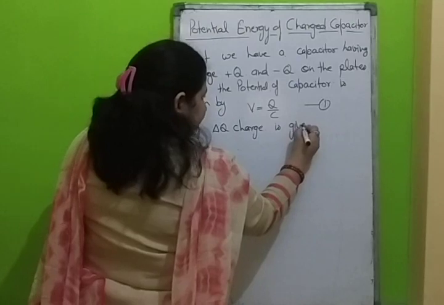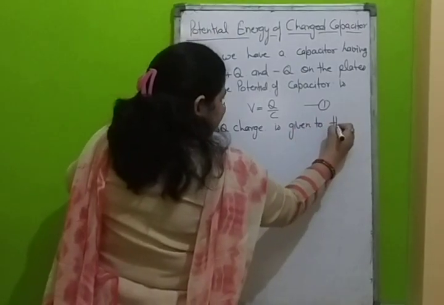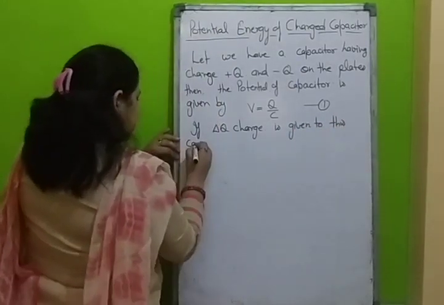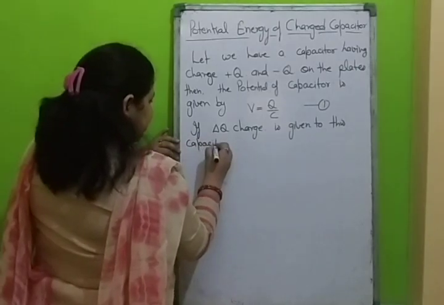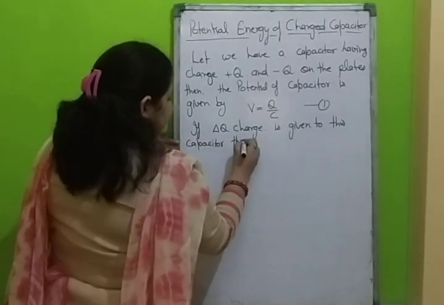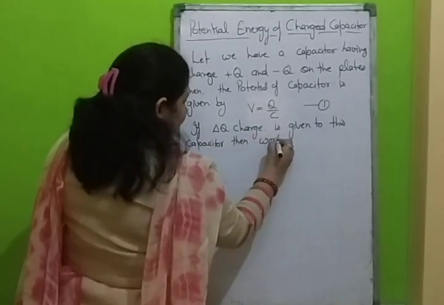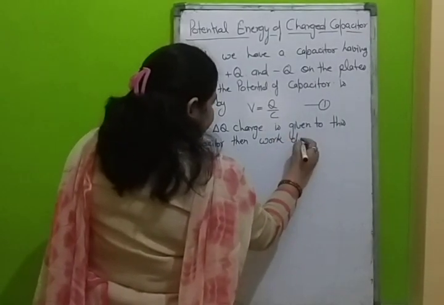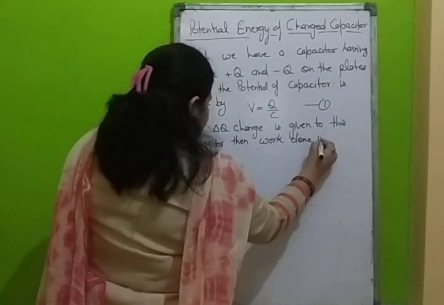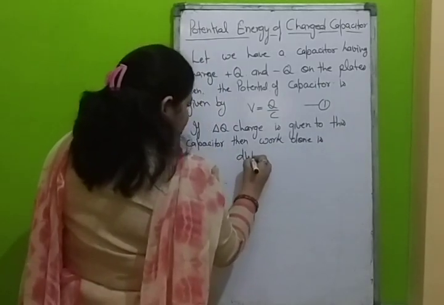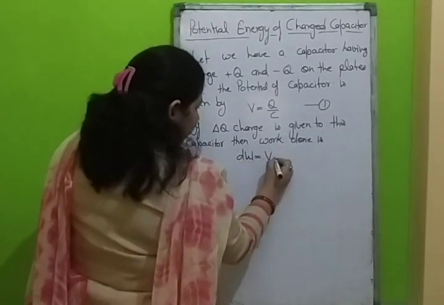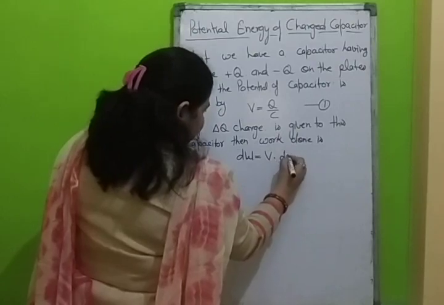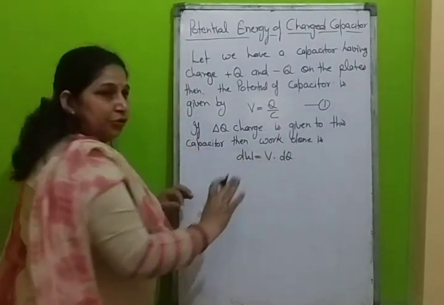If delta Q charge is given to this capacitor, then the work done is dW is equal to V into dQ. We already know this relation.